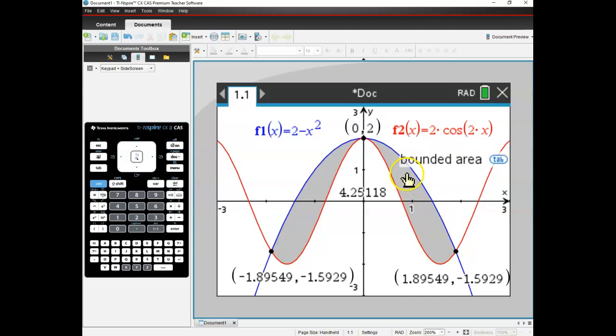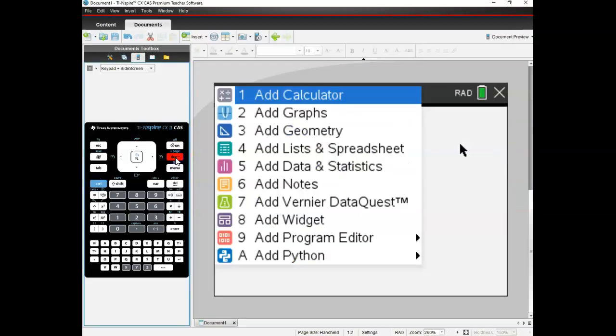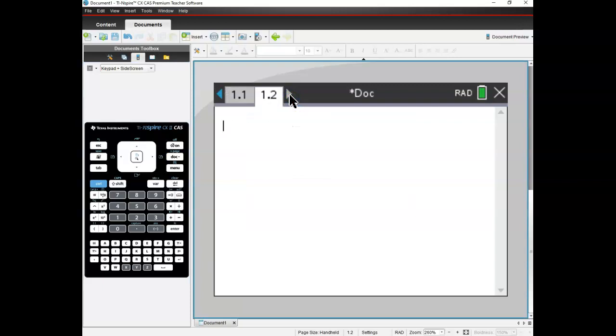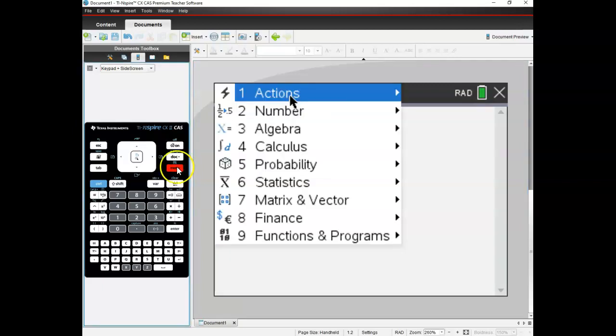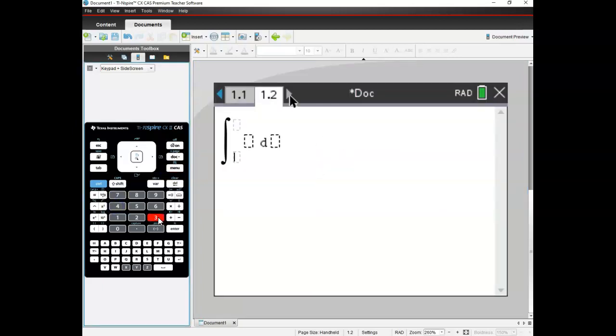And if you forgot about the bounded area function, then you're going to have to go into your calculator part, which means I'm going to add a page, add a calculator. And if that happened, you could press menu 43, and say 2 times this integral, which is going to go from 0 to, what was my upper limit, 1.895, tab.